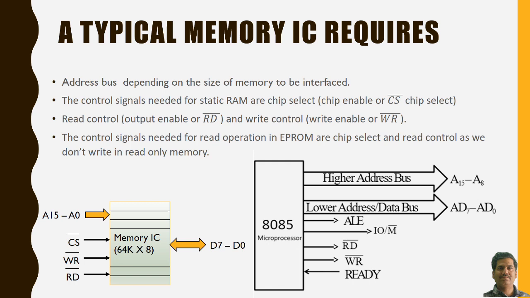ALE, address latch enable, is provided to the latch to demultiplex the address and data lines of the lower byte. Then IO/M bar should be low in order to have the memory operation. RD bar and WR bar are the read and write signals, and READY, which may not always be shown in this memory interfacing operation.